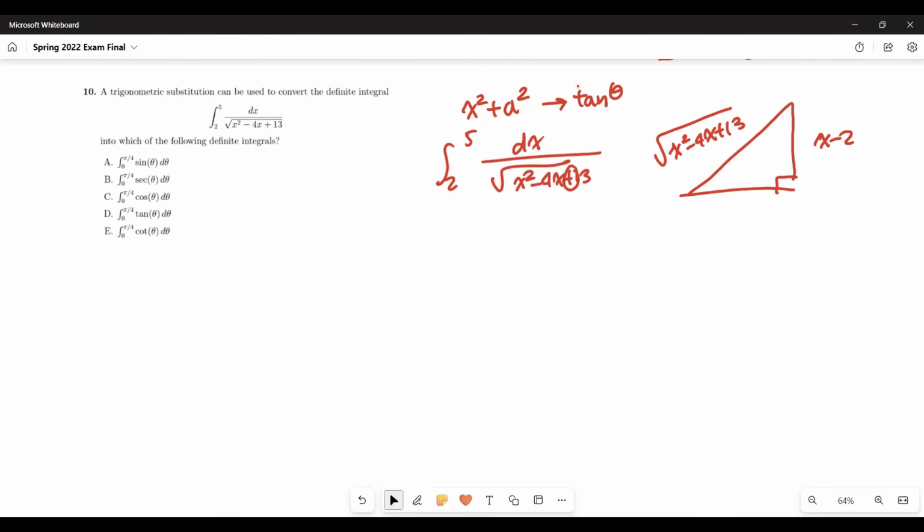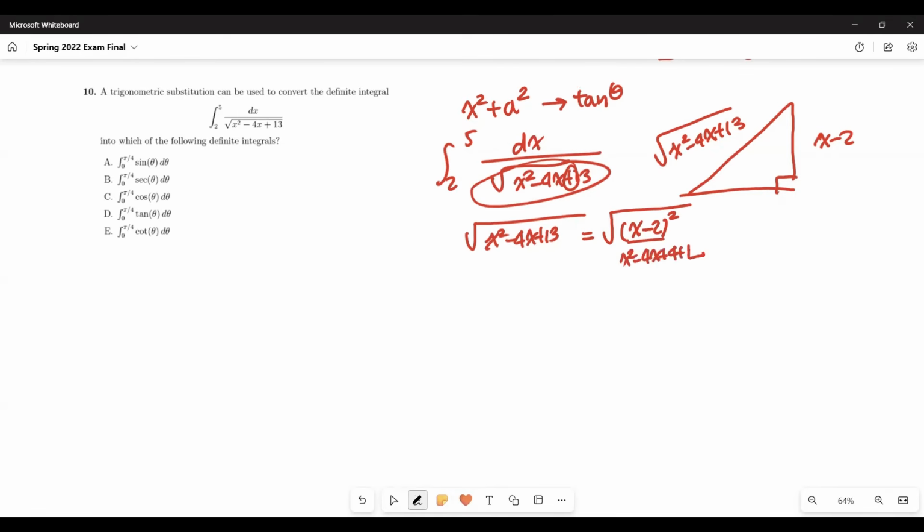We have to separate this first, right? So x squared minus 4x plus 13 can be written by completing the square as (x minus 2) squared, so x squared minus 4x plus 4, and then we have to add something to make it into 13. 4 plus something is 13, so that is 9, which is 3 squared.